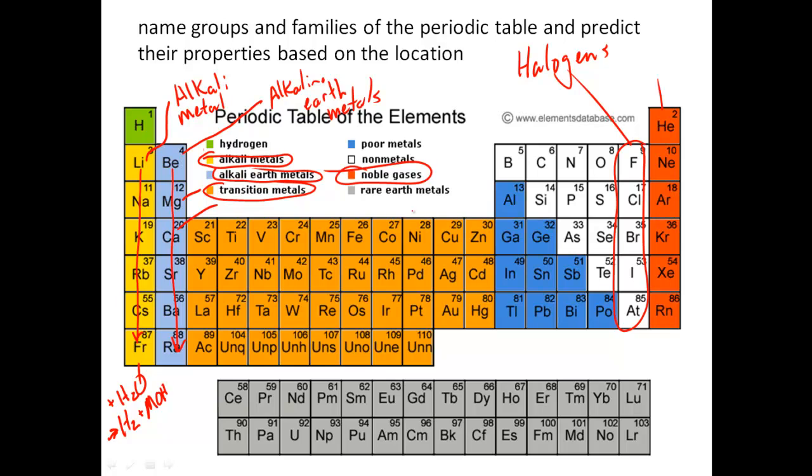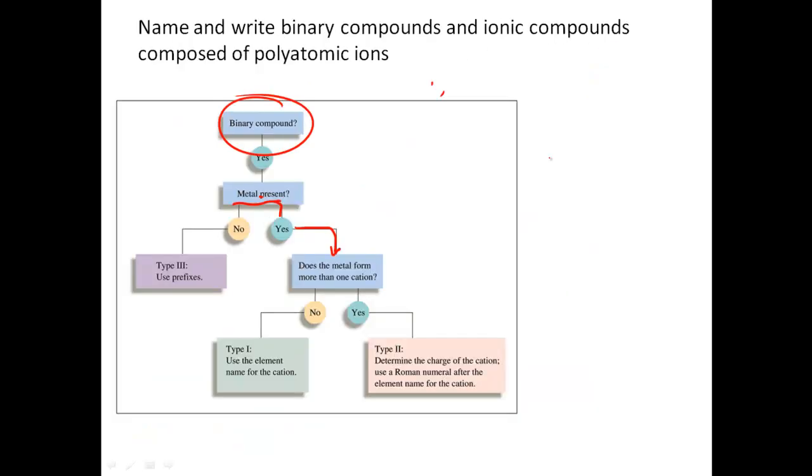The metals that form more than one cation tend to come from this section of the periodic table, and the metals that only form one cation tend to be right around in here, although there are some other examples like zinc only forms +2. So you'll need to think about that as you're learning the charges that metals form.